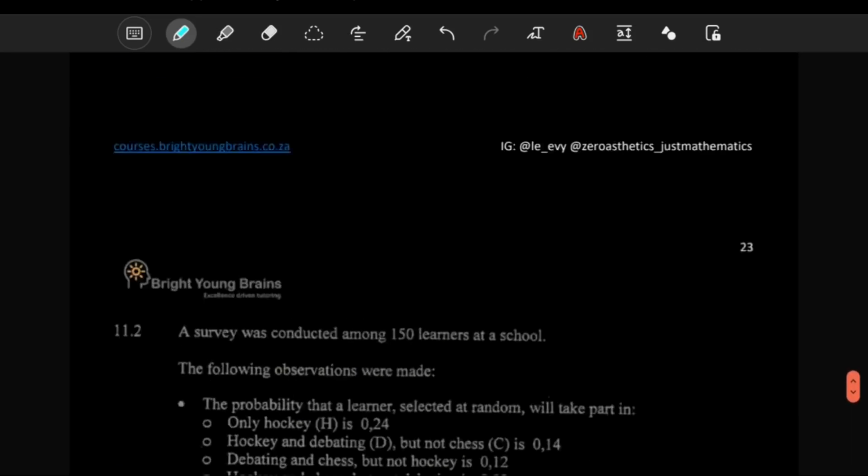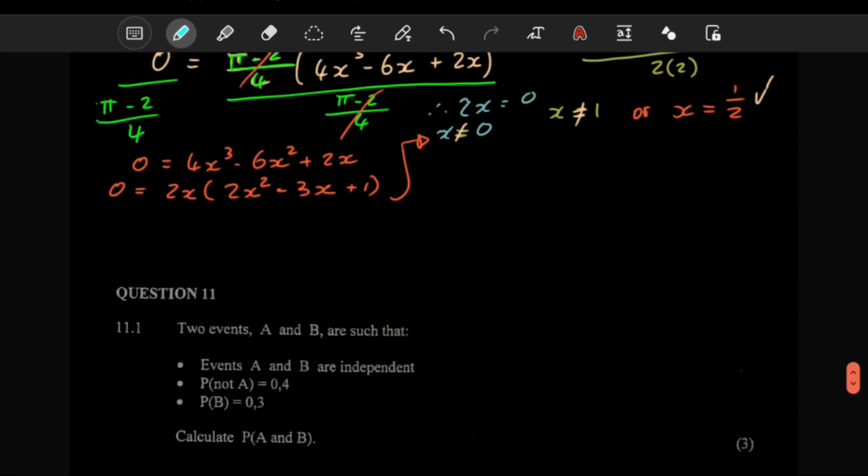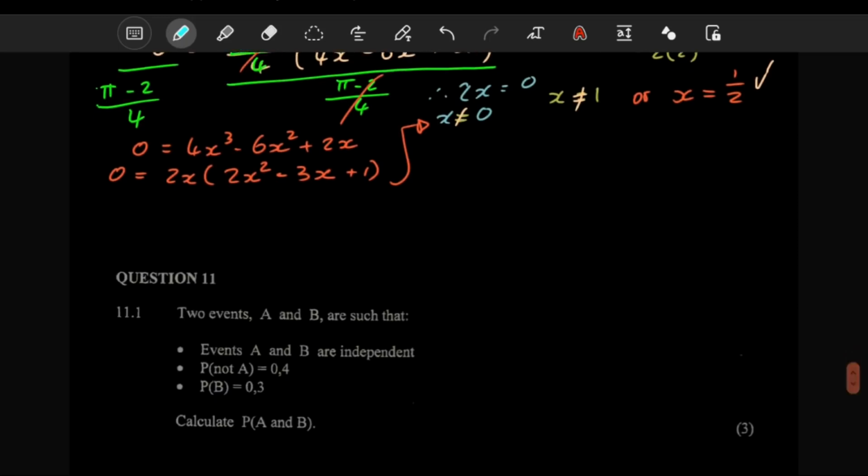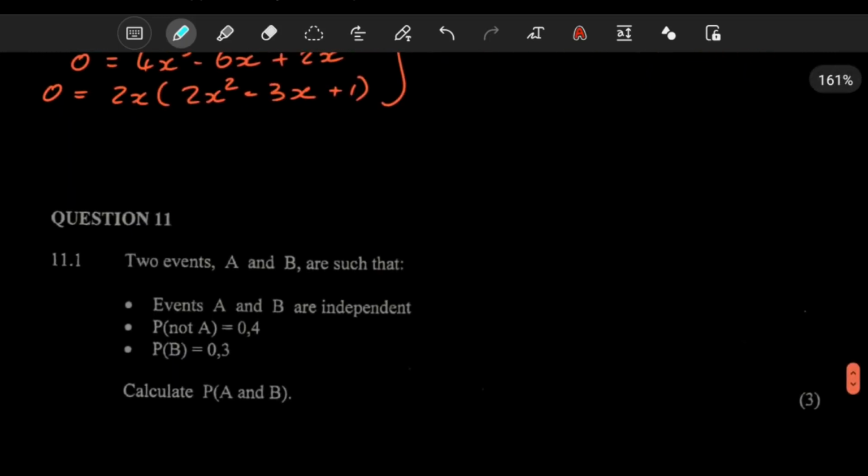Okay, 10%. So here question 11, what do they want us to do? It says 2 events A and B are such that event A and B are independent.